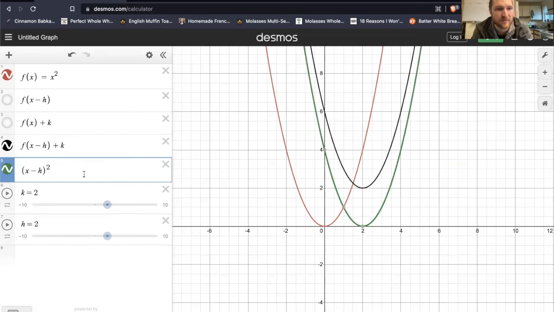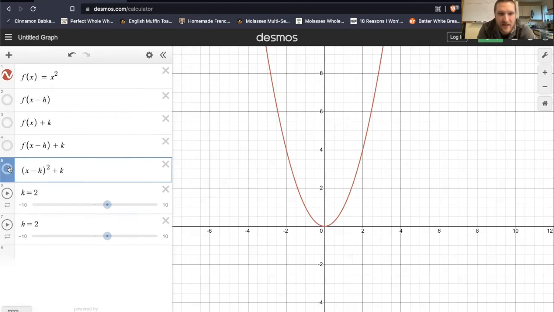Now, f of x minus h squared plus k. And you can see that, yes, the black and the green functions are exactly the same thing. Here's the black one, and when I turn on the green one, yep, it overlays directly above it. There's no difference. Just one way is a fancy way of writing the other.